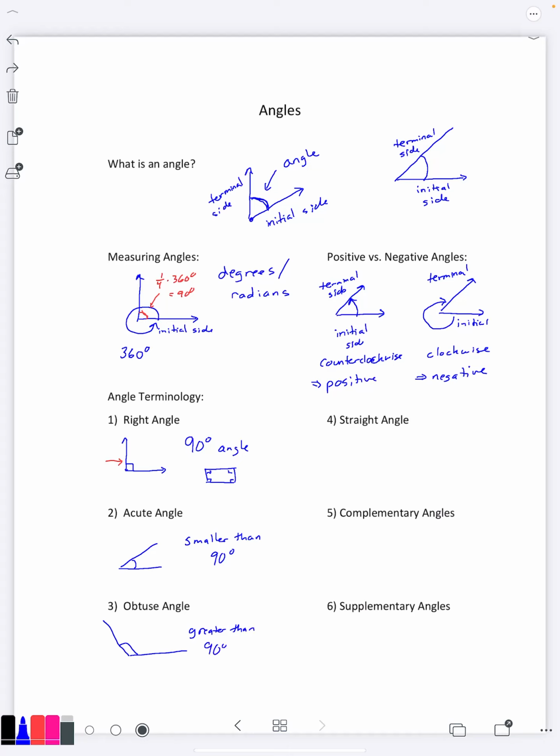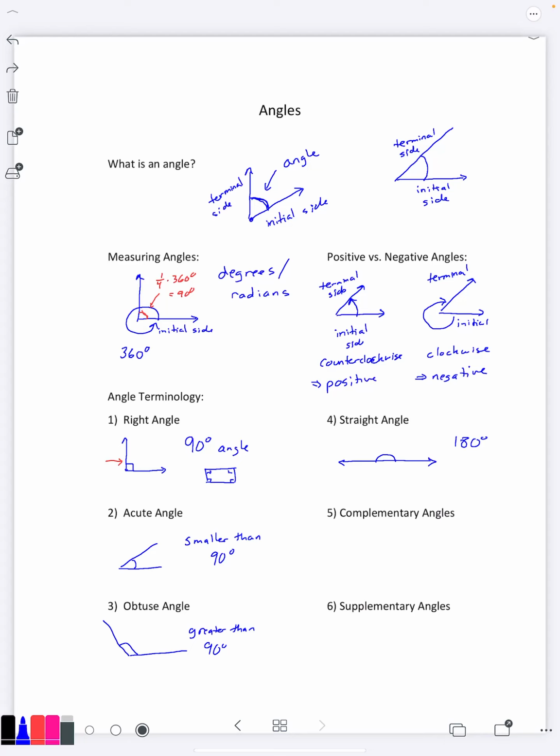If the angle is perfectly straight, so your initial side goes right, your terminal side goes left, that makes it 180 degrees. It's halfway around the whole circle, and we call that a straight angle. And I think you can see from the picture why we call it a straight angle.